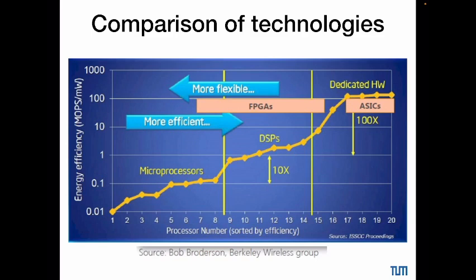Special purpose hardware can reach a very high energy efficiency, but it comes with the problem that it's a long process to implement and an expensive implementation. In between we have the FPGAs.